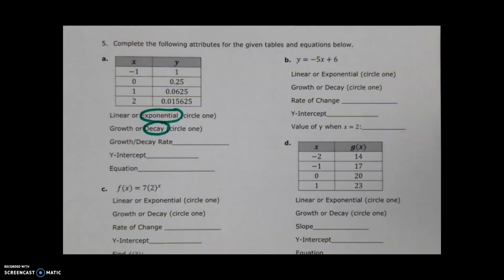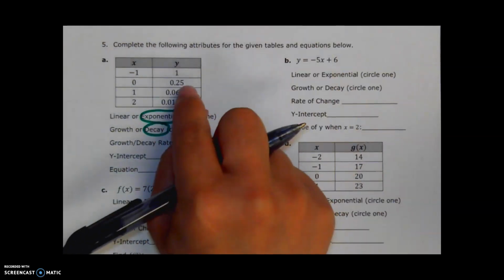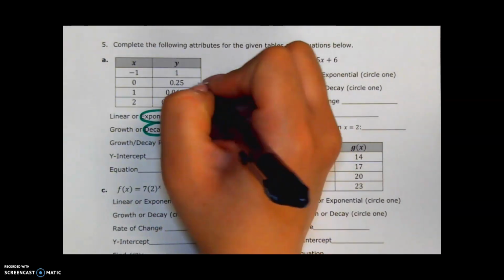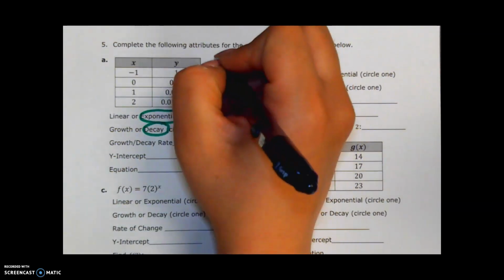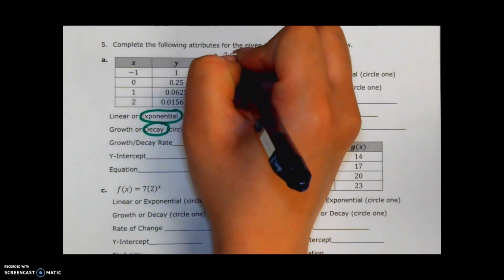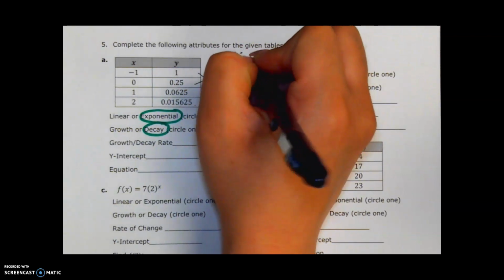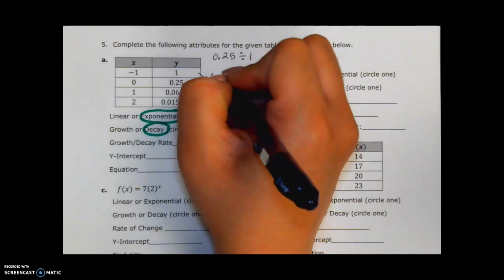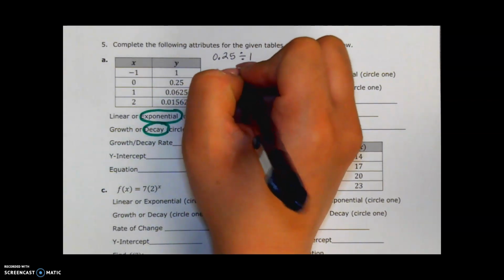Now, in order to find the rate, what we have to do is figure out the pattern. These are very, very ugly numbers, so let me show you the trick. You'll start from one of these bottom points and work your way up. I'm going to start maybe at the 0.25 and the 1. The way I do that is 0.25 divided by 1. When I do that, I can see that it's dividing by 0.25.